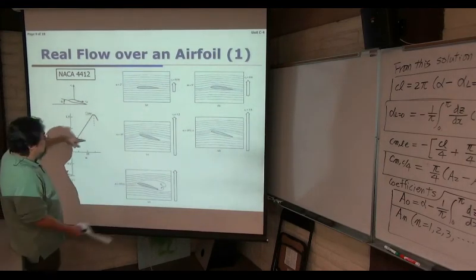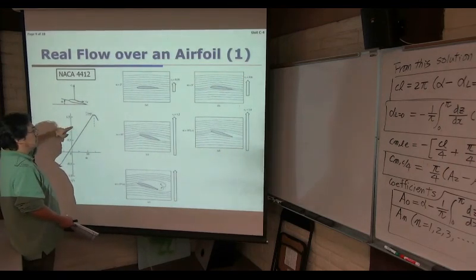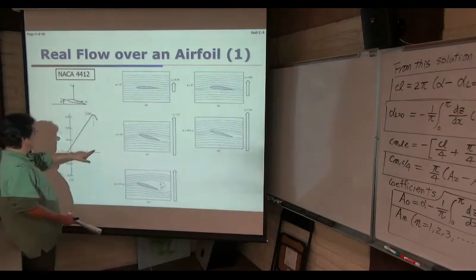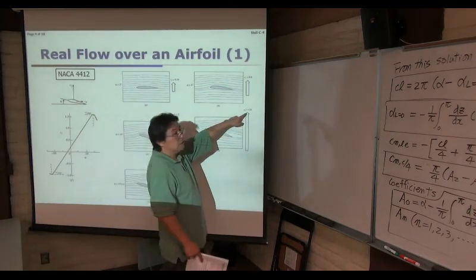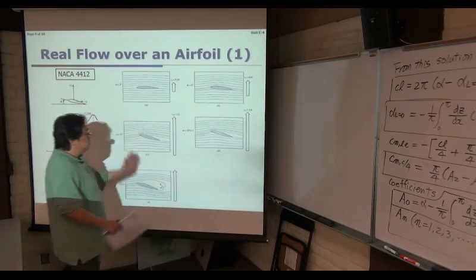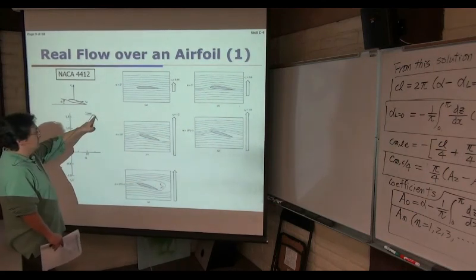Then if you pitch up 10 degrees, 1.2. 15 degrees, you are about to stall, and this is the maximum lift coefficient, 1.6. So this is right before the stall, and then if you pitch up a little bit more, it stalls out. It's right here.